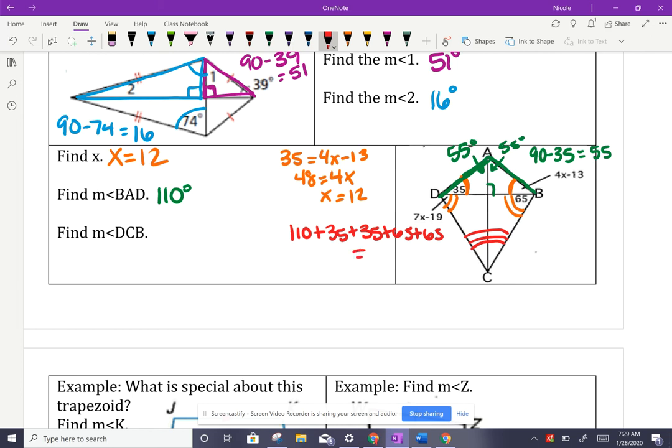And all that together gives us 310. So 360 minus 310 is going to give us 50 degrees. That whole angle is 50 degrees.